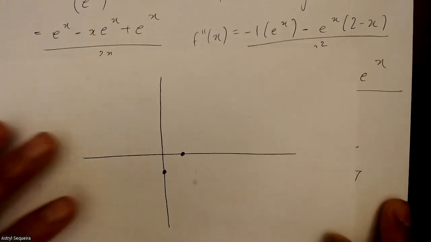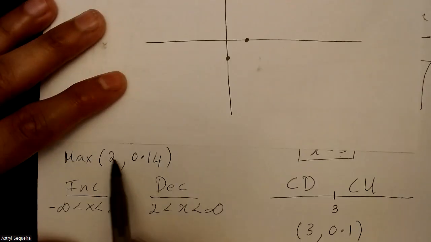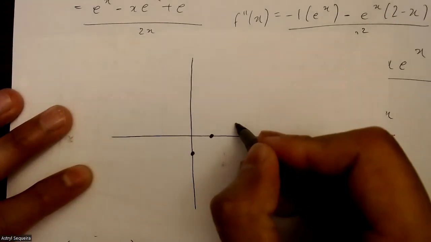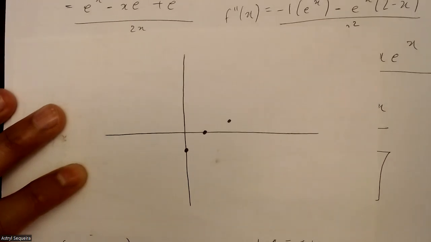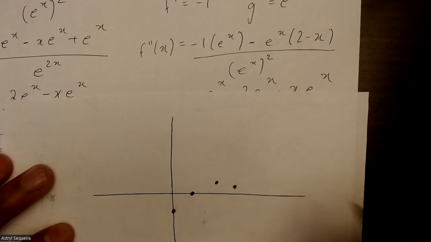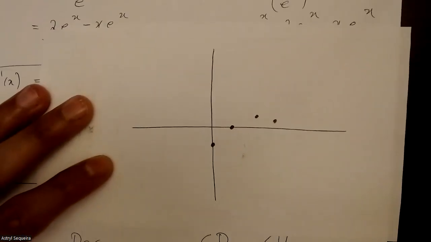I know that my maximum is 2 and 0.14. 2 and 0.14 should be somewhere here. And then I know that my inflection point is 3 and 0.1. So looks something like this, the 4 points.